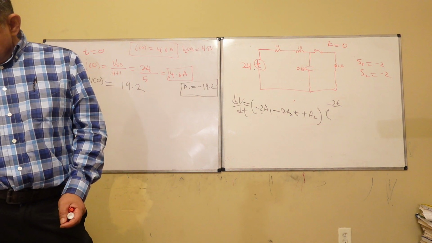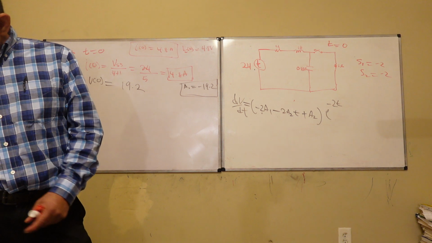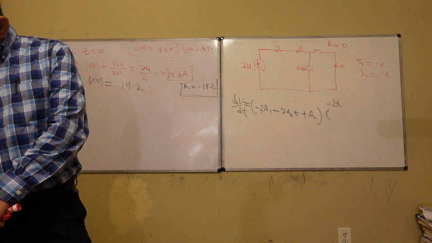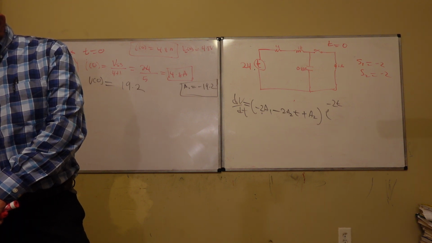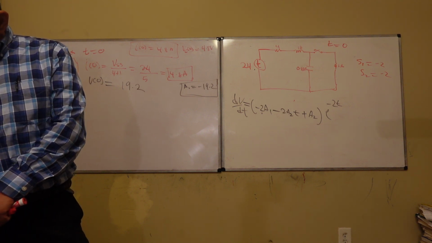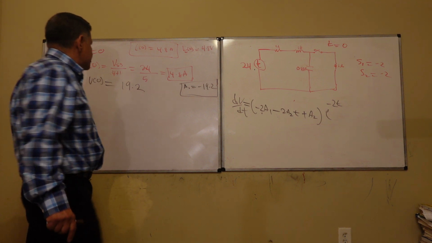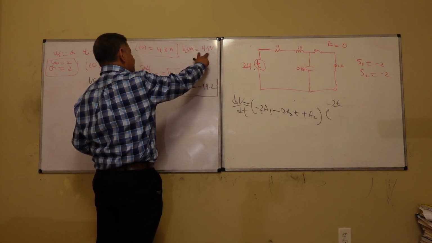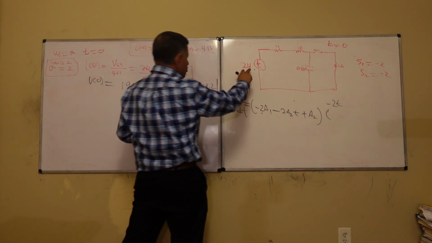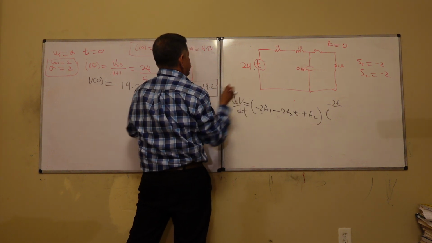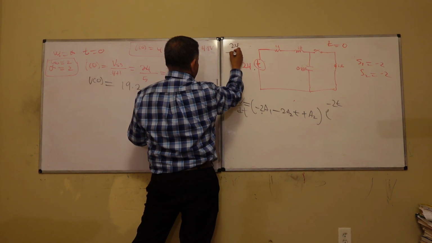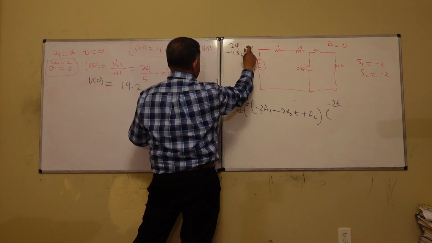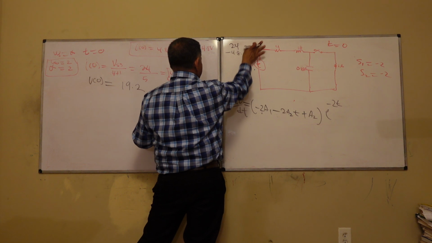So at that point, we say that, okay, if that is the case, then the voltage difference of this, of 24, okay, let me just be clear. So 24 minus 4.8 is equal to, I don't want to confuse anybody.